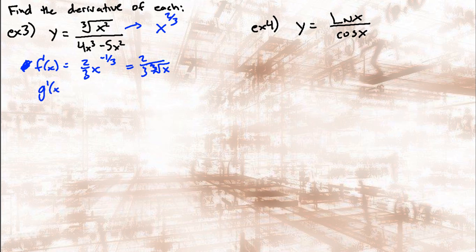All right, and g prime of x is going to be 12x squared minus 10x.